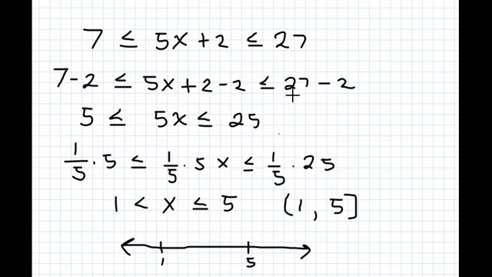And how about 5 there? Now we don't include 1, so I'm going to put an open circle here, but I'm going to put a closed circle here. And it's everything in between. So we can pick any number between 1 and 5, including 5, but not including 1, right? And plug it in up here, and we should get everything to be true.